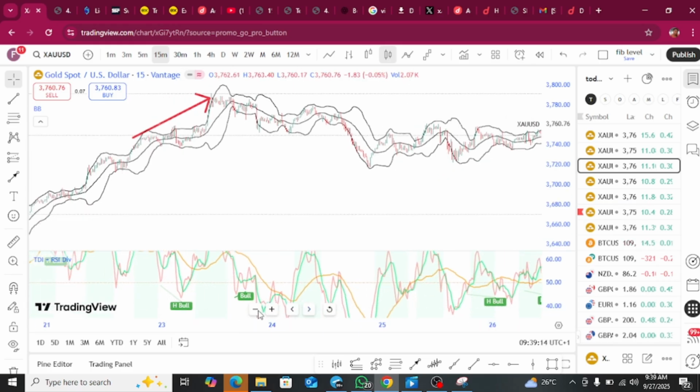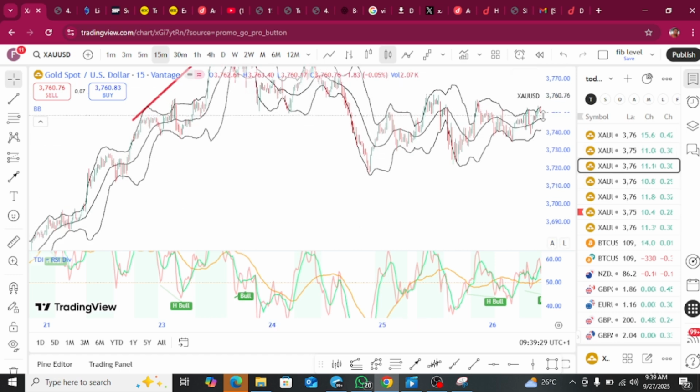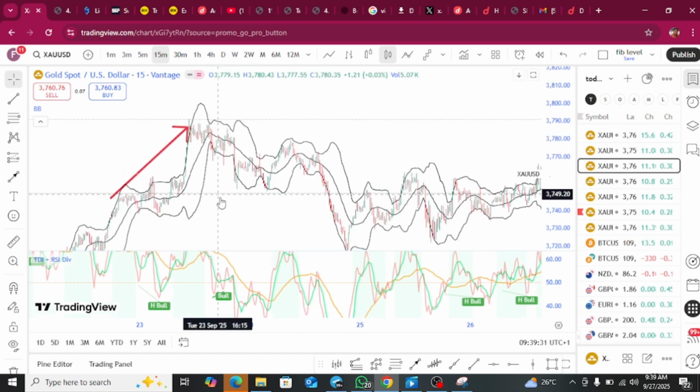Okay, so here price made a lower low. This is a lower low and this is a new low. Price made a lower low here.